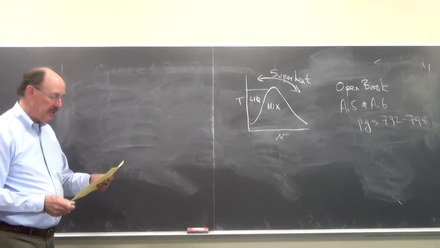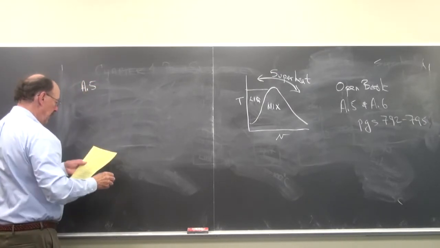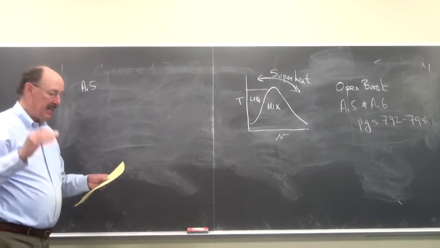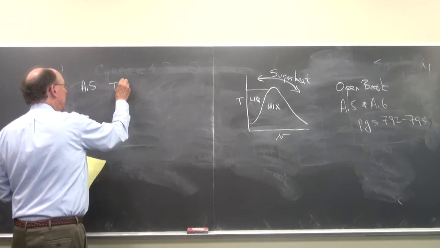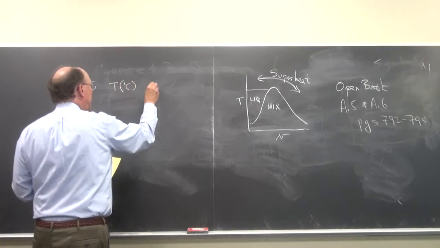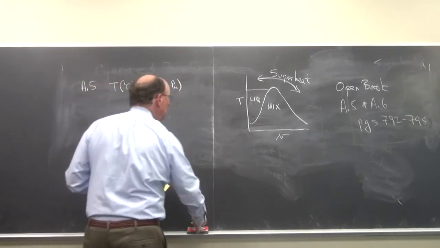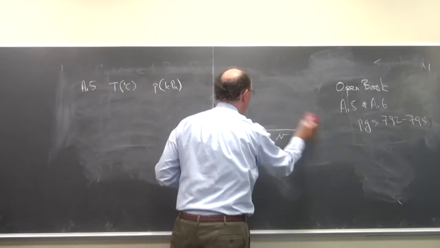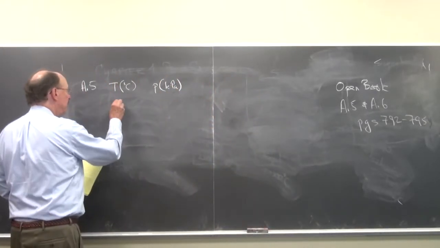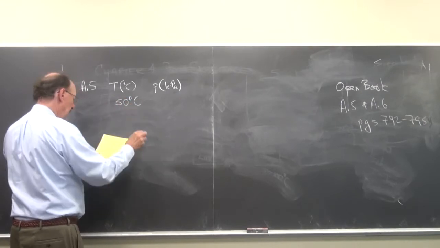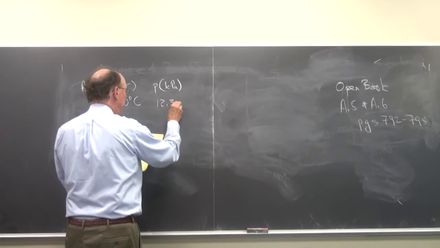So I do this in table A5, and you'll see that temperature is the first column. So T is the first column, it's in degrees C, and P is the second column in kPa. So in A5, the temperature is in even increments, so I could go in at 50 degrees C. I'd see that the pressure is 12.355.